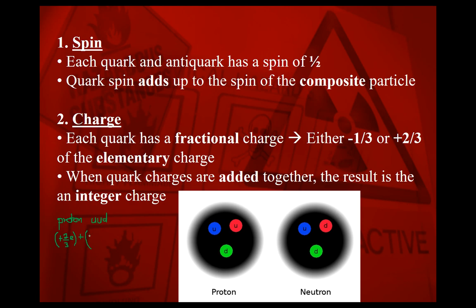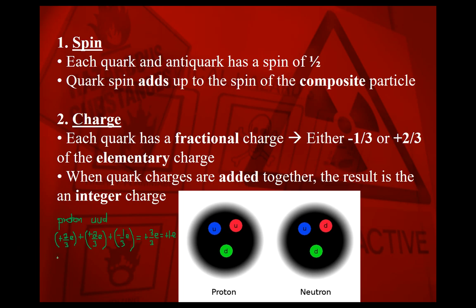Fractional charge of my second up quark is +2/3 the elementary charge. And then the down quark has -1/3 the elementary charge. So when I add these all up, 2/3 plus 2/3 minus 1/3 would be +3/3, which is just +1 elementary charge. Okay, so it still works, as long as you add up all the individual quark charges together.